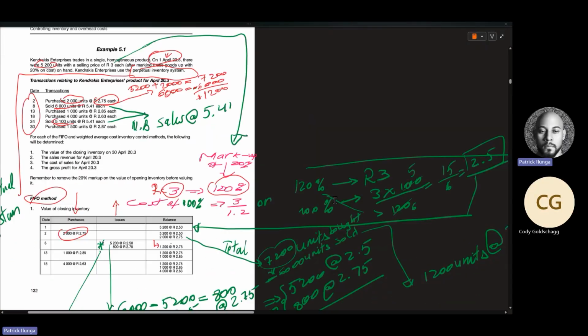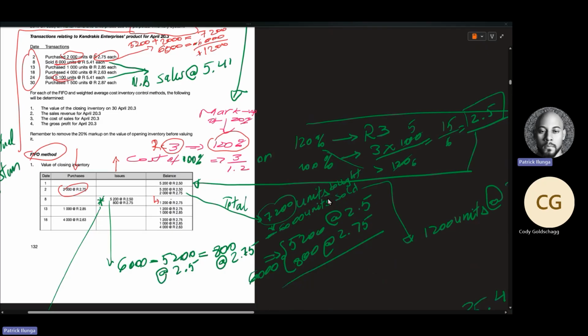So obviously, this is the 3 simple rule. It's very easy. If it's 20% over and above the cost, for us to find the cost, the cost is 100%, which is a unit cost. If they added to that cost 20%, we start with 120%. So 120% represents that 3 rand.